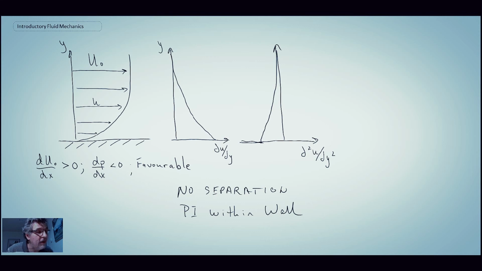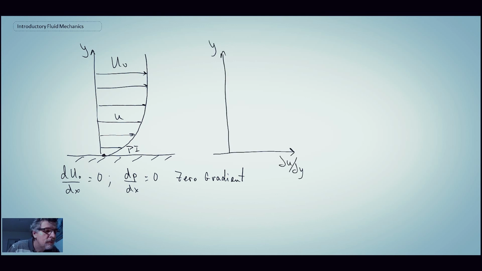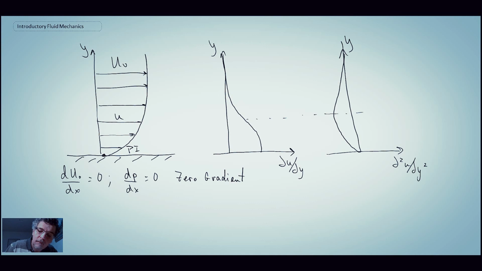Okay, so we're now going to move on to the case where the pressure gradient is equal to 0. So moving on to the case where we have the scenario of a zero pressure gradient. In this case, there will be a point of inflection.